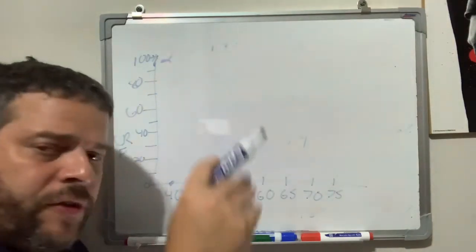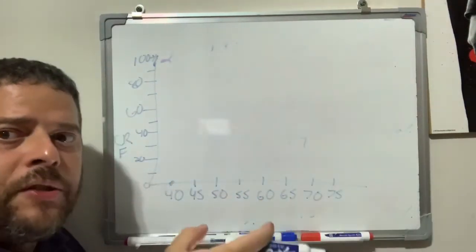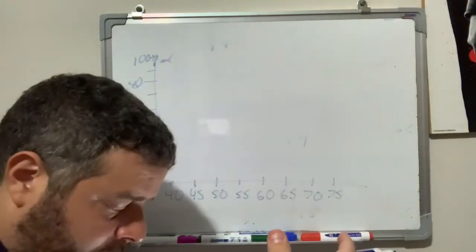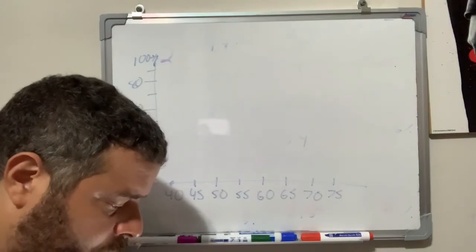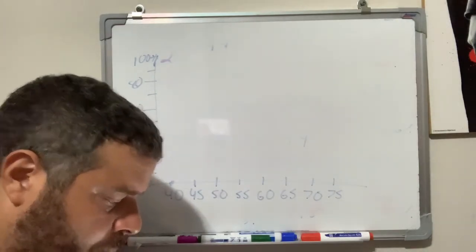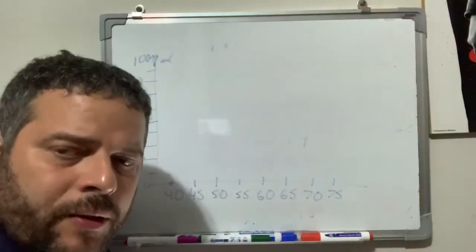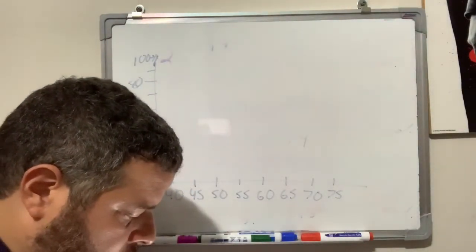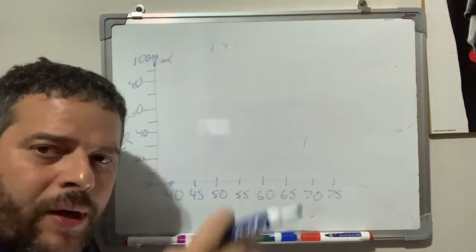So if the interval is 40 to 44, you would actually go 40 to 45.